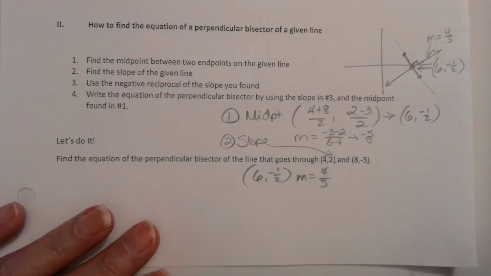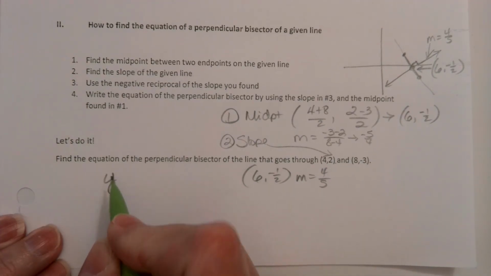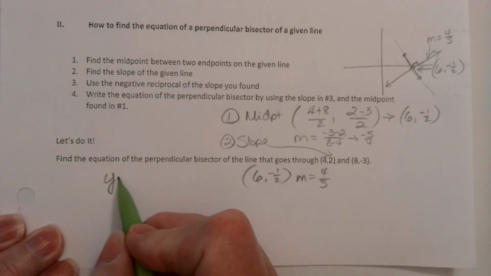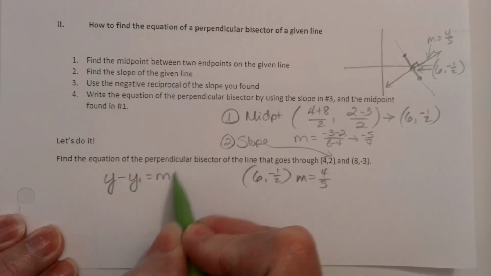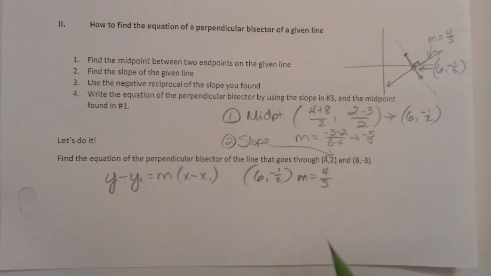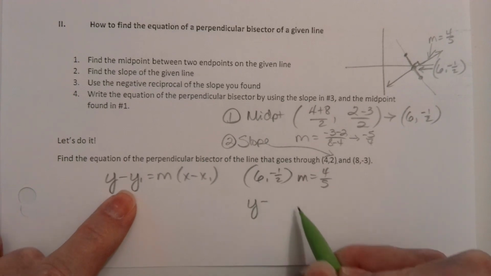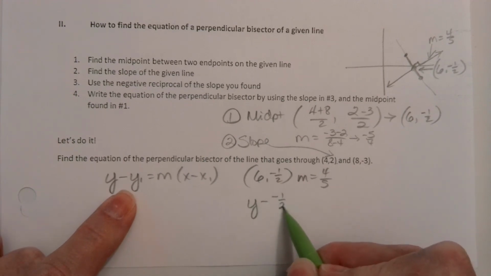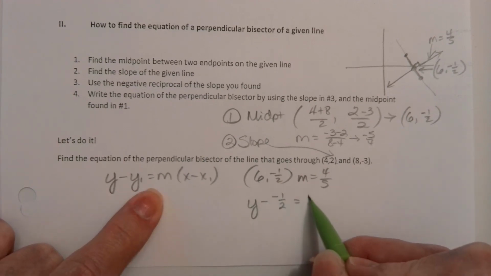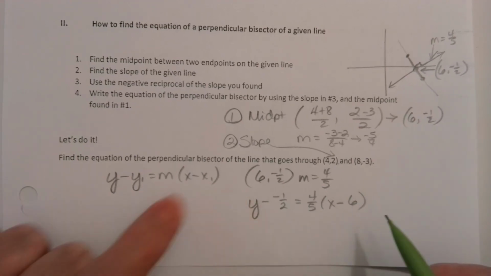Okay? Now I'm going to use, I think, the slope-intercept form, which is, no, not slope-intercept form. I'm sorry, point-slope form. Okay, that's point-slope form. So I'm going to do y minus my y, which is this one, equals m times x minus my x.